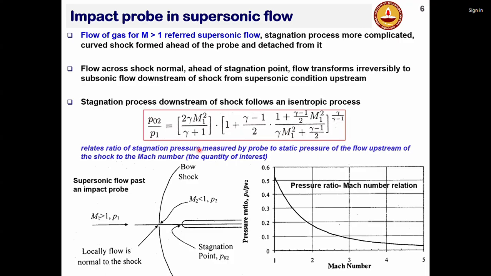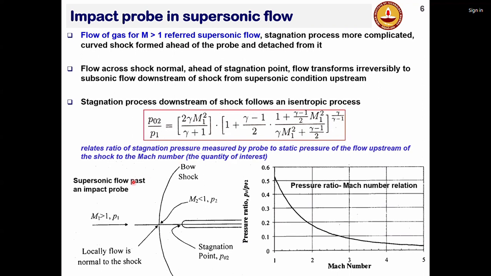And what is a shock wave? A shock wave is basically a line in a compressible flow about which there is a sudden change in the properties. Density will change suddenly, velocity will change suddenly, properties will change suddenly about that line. And that is known as your shock wave.